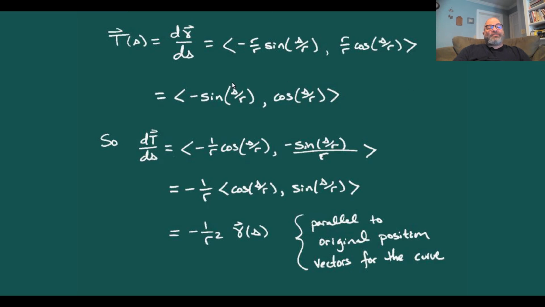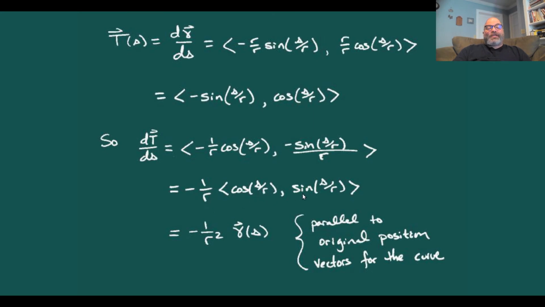So now if we take the unit tangent vector, so we take the derivative of that, we end up with minus sine of s over r and cosine of s over r. So that gives us the unit tangent vector. Now taking the derivative of that, which is the guy that we're really after, we end up with minus 1 over r times a cosine of s over r and a sine of s over r.